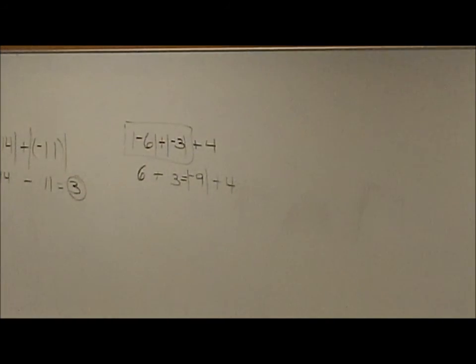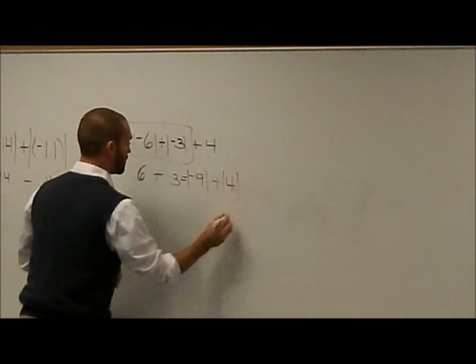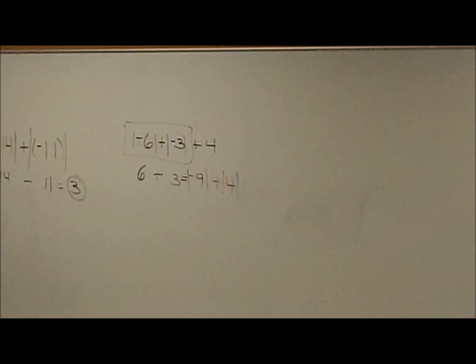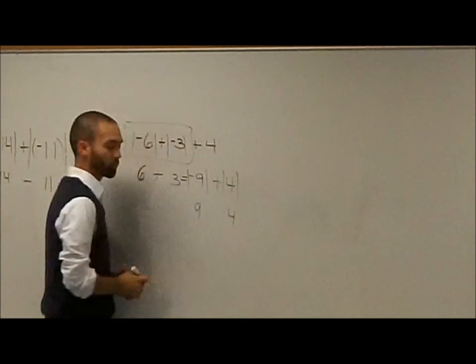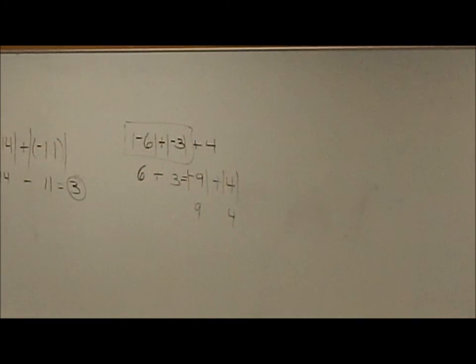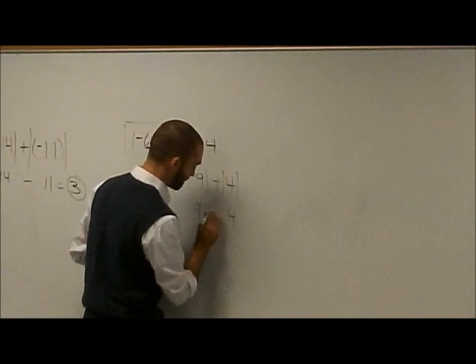Negative 9 and 4. What's the absolute value of negative 9? 9. Absolute value of 4? 4. Okay, now same sign, different sign? Different. So what operation do we use for different signs? Subtraction. 9 minus 4, can we do that? 5.